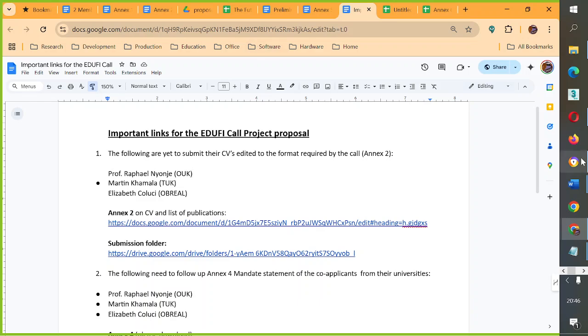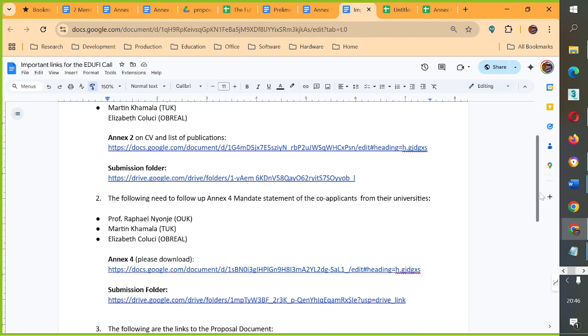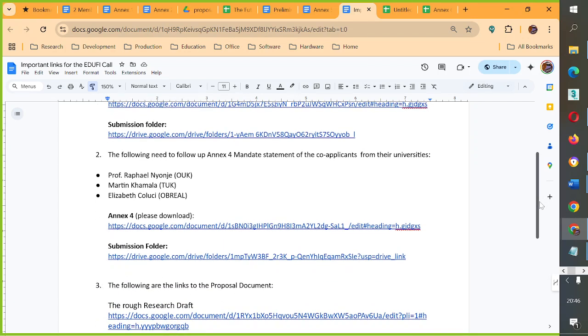The one here for the submission folder associated with Annex 2, which is the one for CV applications, is here also. So you come to number 2, the Annex 4 mandates statement. When we have the scanned documents, the form that we have to fill in is Annex 4. It's here.